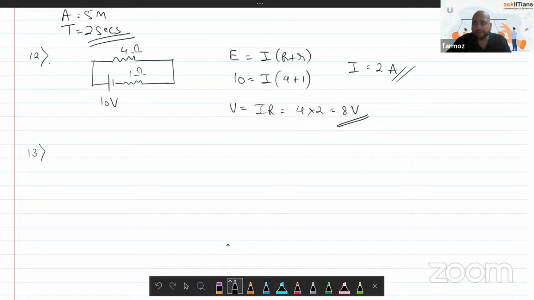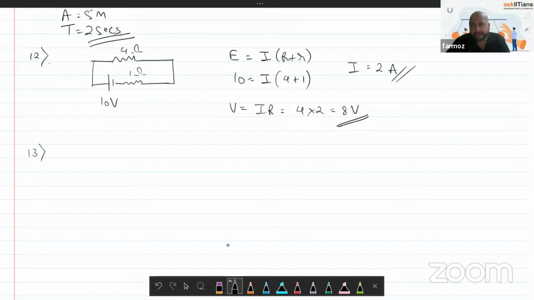The second statement is, atoms of each element are stable and emit the characteristic spectrum. In the light of the above statements, choose the most appropriate answer from the options given below. Now see, atoms of each element are stable. That is actually not possible. For example, radioactive elements are not stable. Also let's talk about sodium. We know that sodium is highly reactive; if you keep sodium anywhere, it will react with other atoms.